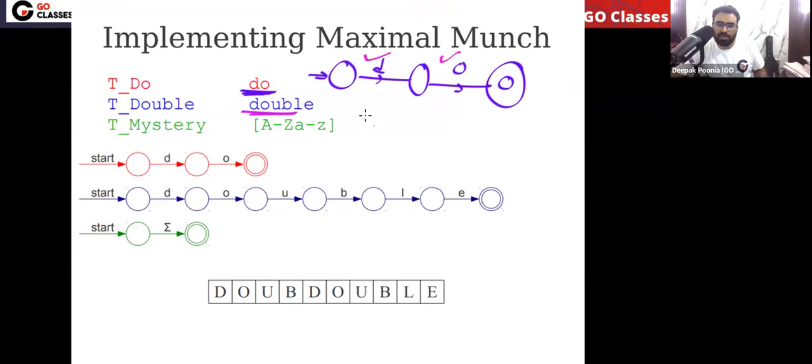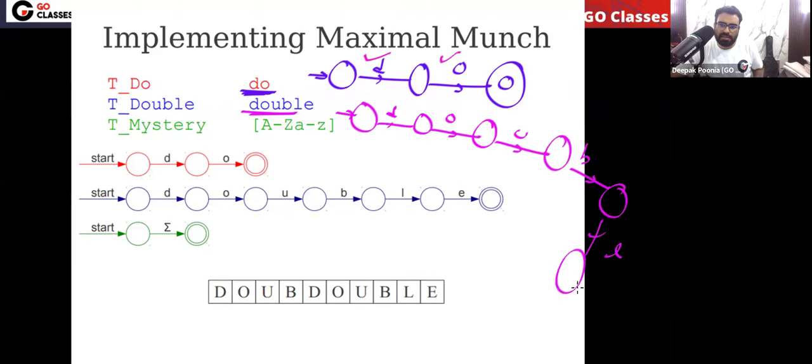What about this DOUBLE? You can see the first character must be D, the next character must be O, the next U, the next B, the next L, the next E, and then you go to final state. But remember, in the final state nothing more should come. Okay, what about this? This is just a single character. Yes or no?